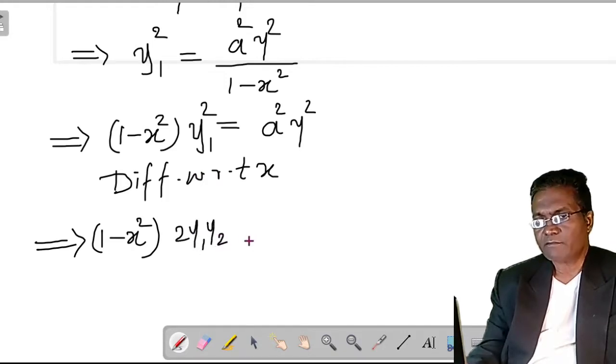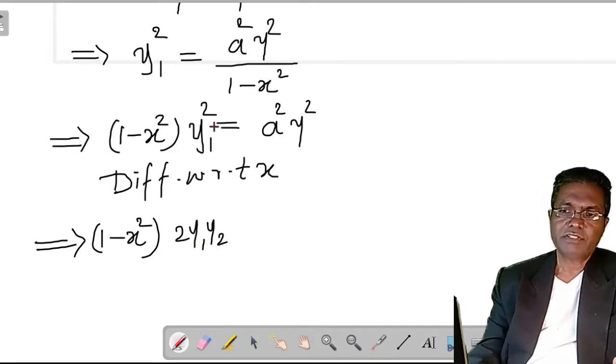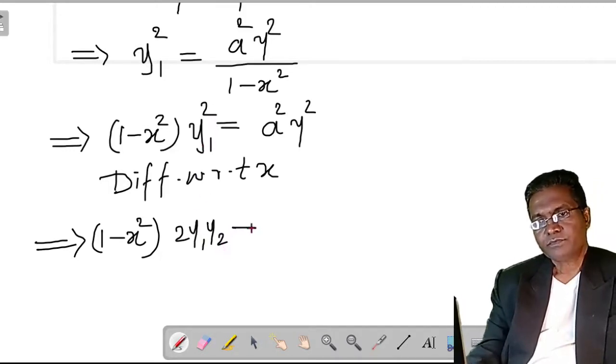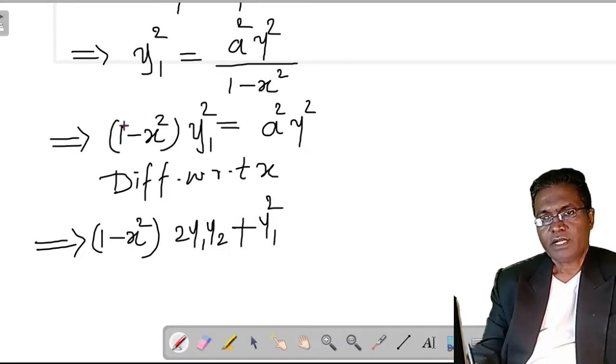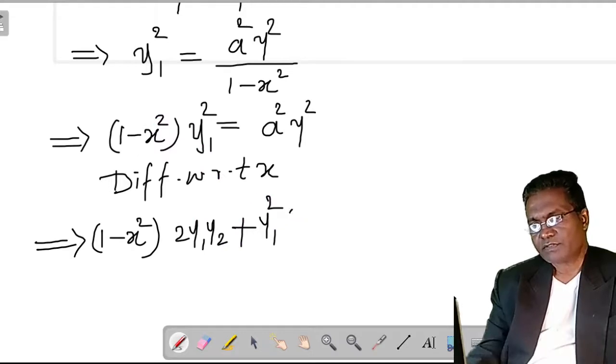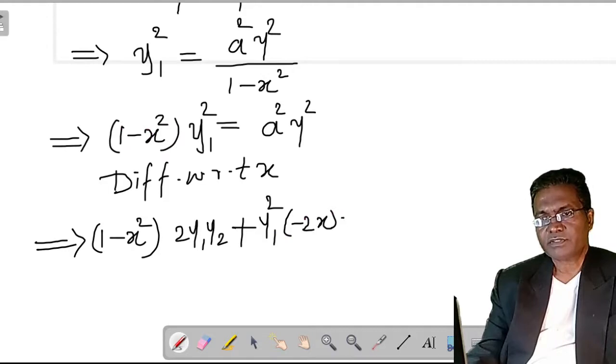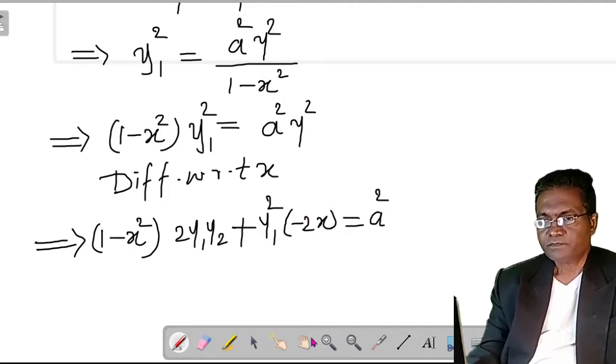Just go back and watch it again. So derivative of y1 square is 2y1, and derivative of y1 is y2. Plus y1 square into derivative of this, which is minus 2x. Derivative of 1 is 0, it's minus 2x. Equals to, on the other side, no need to apply product rule, a square is constant.